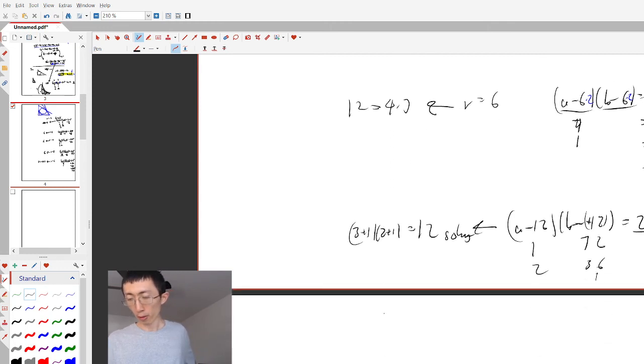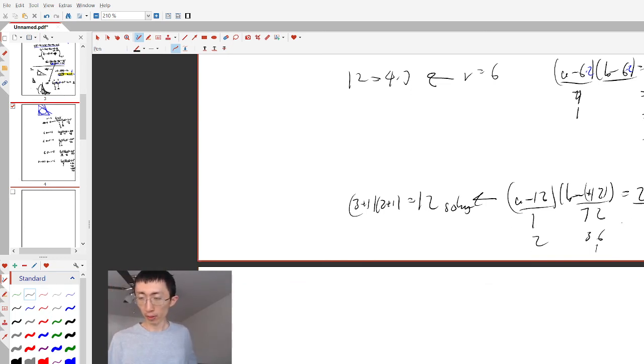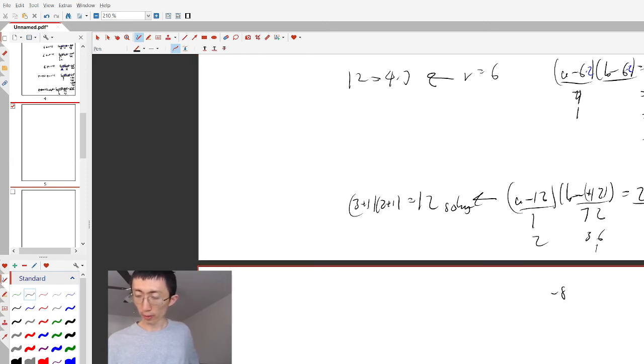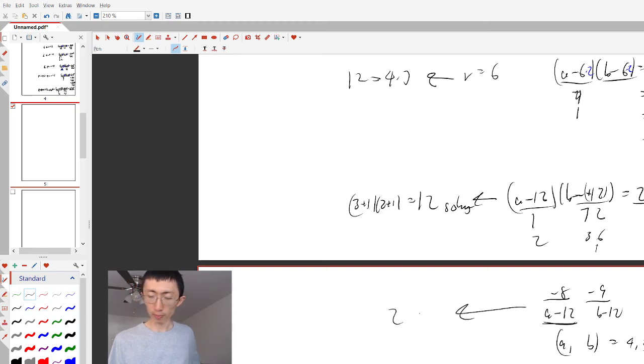Then you have to check, can both factors be negative, but still give positive values for a and b, right? The closest two values for 72 could be like -8 and -9. So if -8 is equal to the factor that's a minus 12, -9 is equal to the factor that's b minus 12, then sure, a, b could be 4 and 3, or 3 and 4, so 2 solutions there.